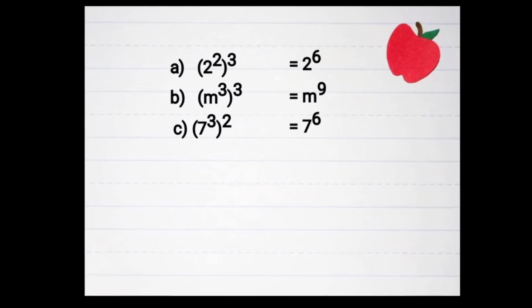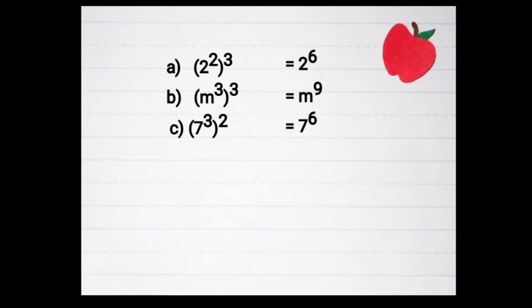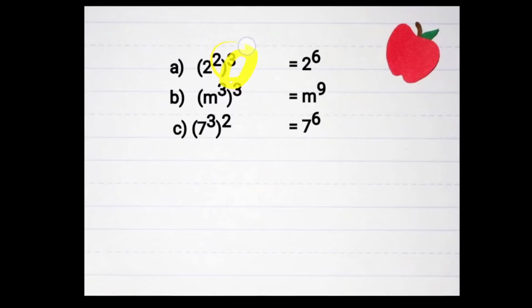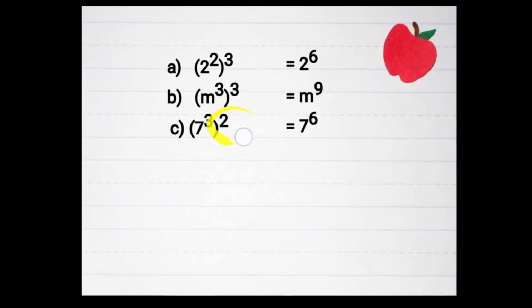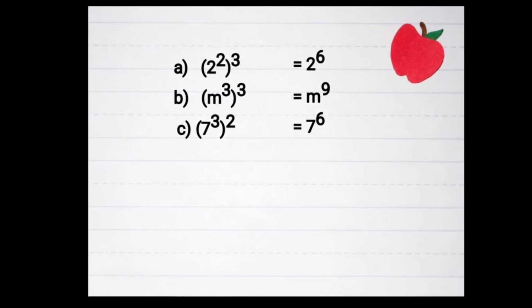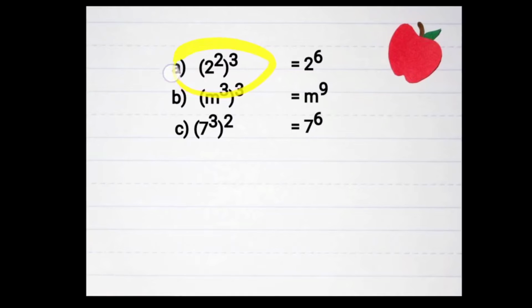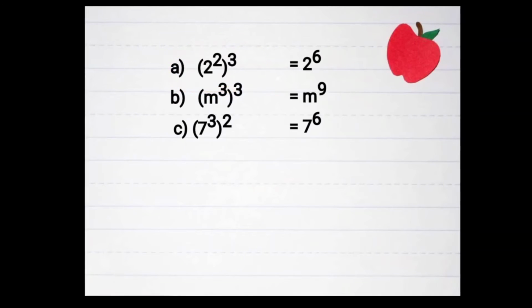Okay, for the next law, let's take a look at this. As you can see, we have an outer exponent. We have an exponent outside the parentheses. What are you going to do if you encounter this problem? So letter A, the quantity 2 squared, cubed.